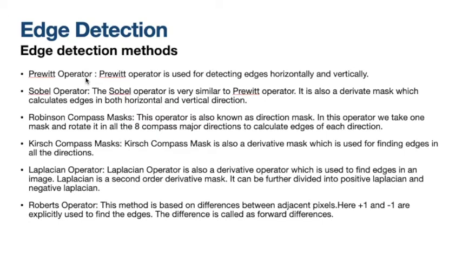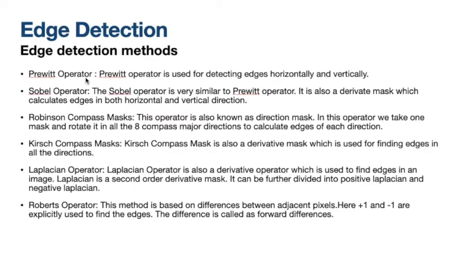The Kirsch compass mask is also a derivative mask which is used for finding edges in all the directions. The Laplacian operator is another derivative operator which is used to find edges in an image. It is a second order derivative mask, and it can be further divided into positive Laplacian and negative Laplacian.